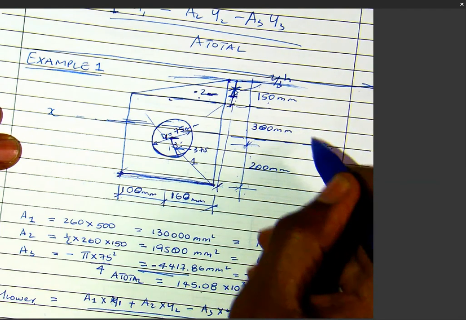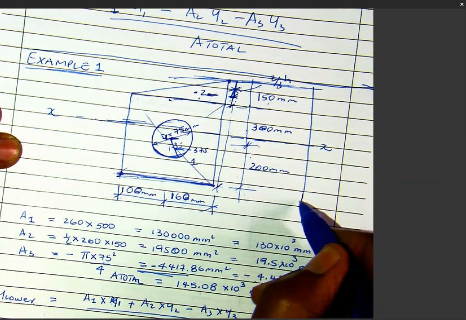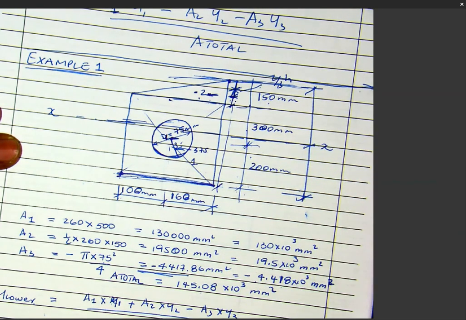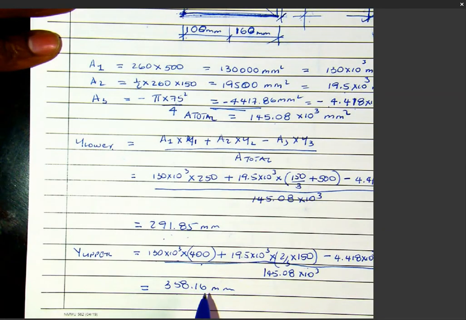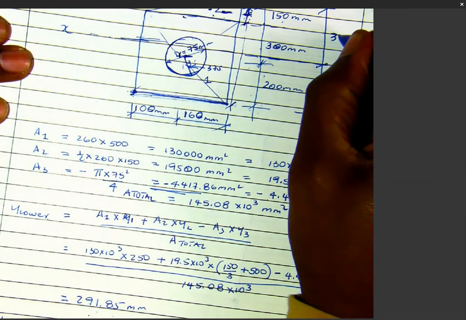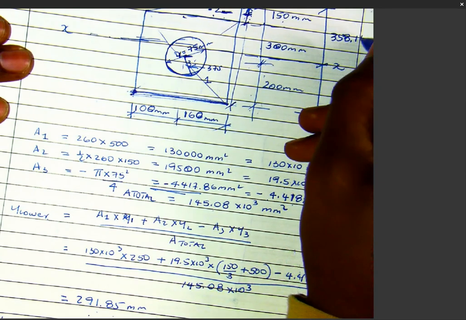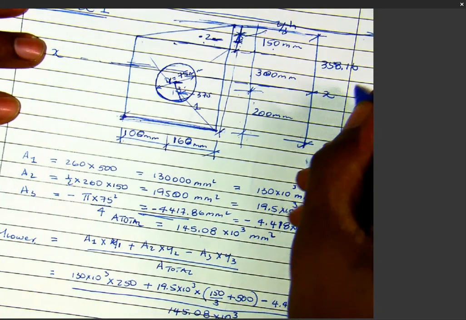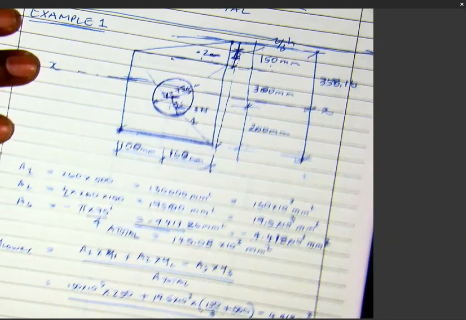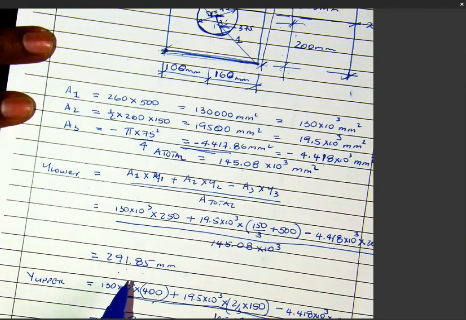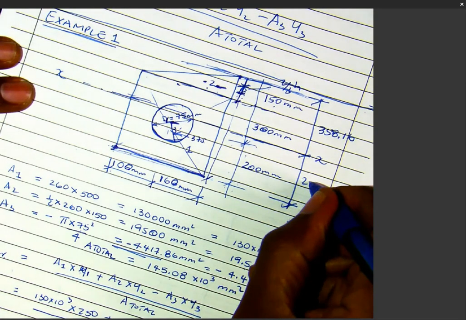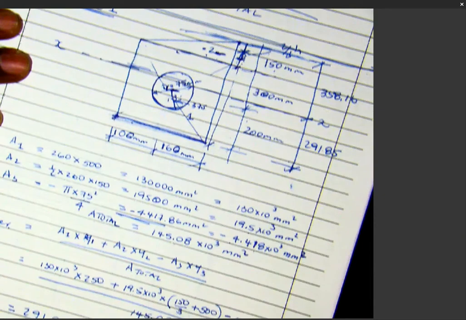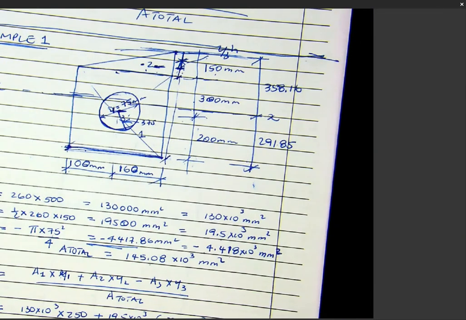From x, from the top, is 358. Can you see? Y upper there is 358,16 or 15. Just say 16 or 15, it doesn't matter. This side here is 291,85. That is the position of x.